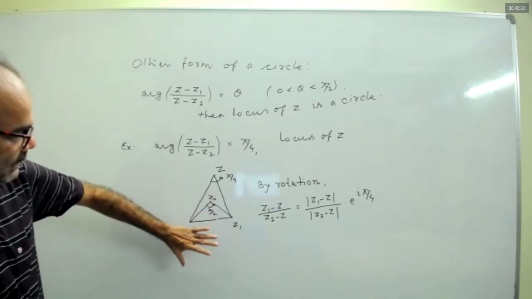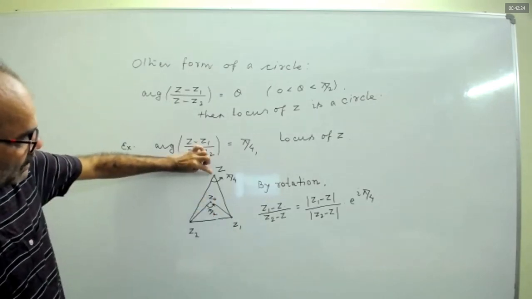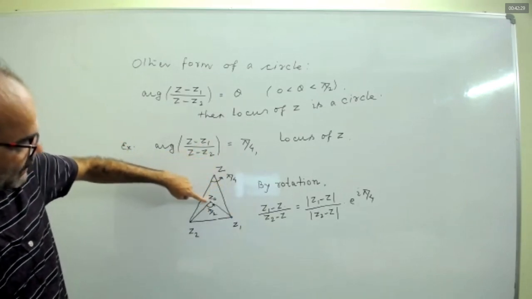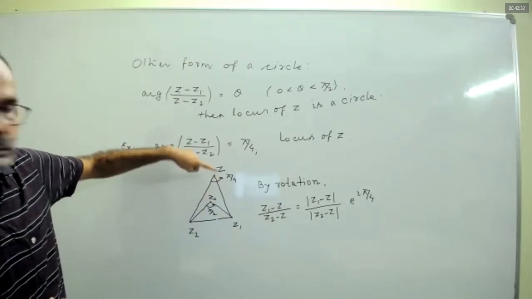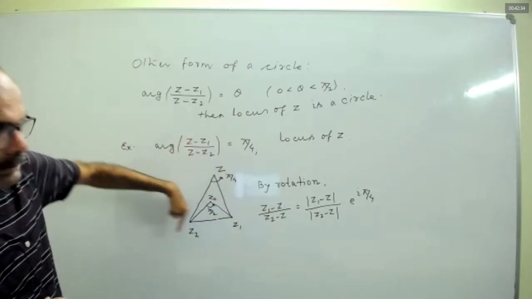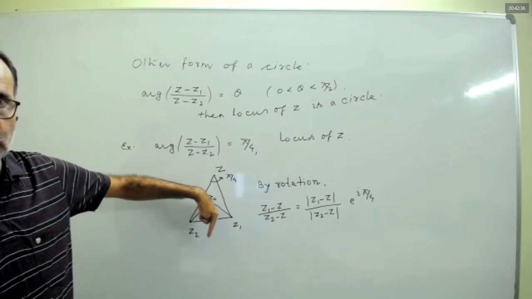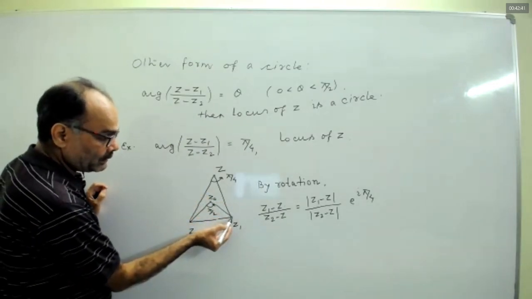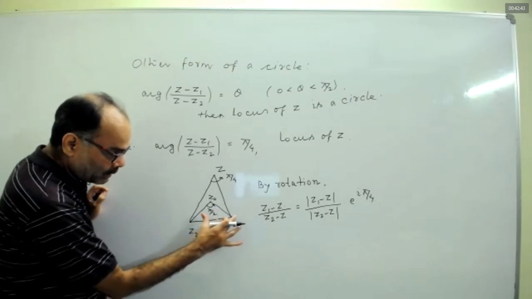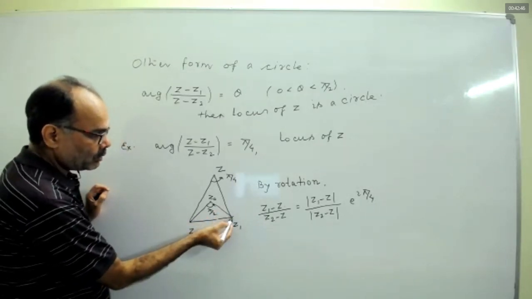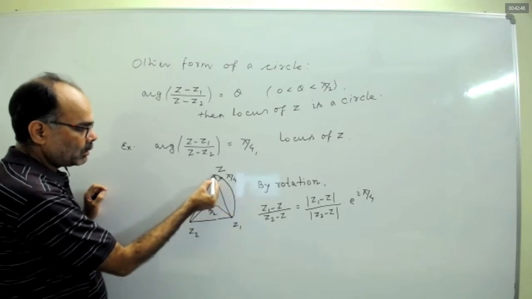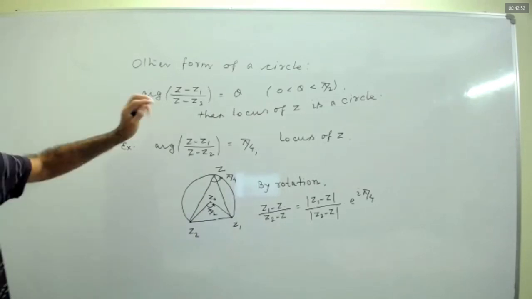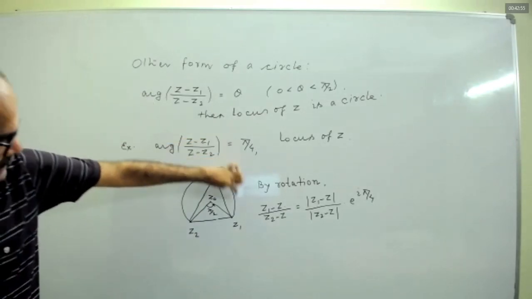So can we say that wherever Z lies on this circle with this chord subtending an angle pi by 2 at the center, Z will lie on that circumference? Yes, sir, on the circle. On the circumference. It is the major arc only, the major arc of the chord joining Z1, Z2. Not a complete circle.